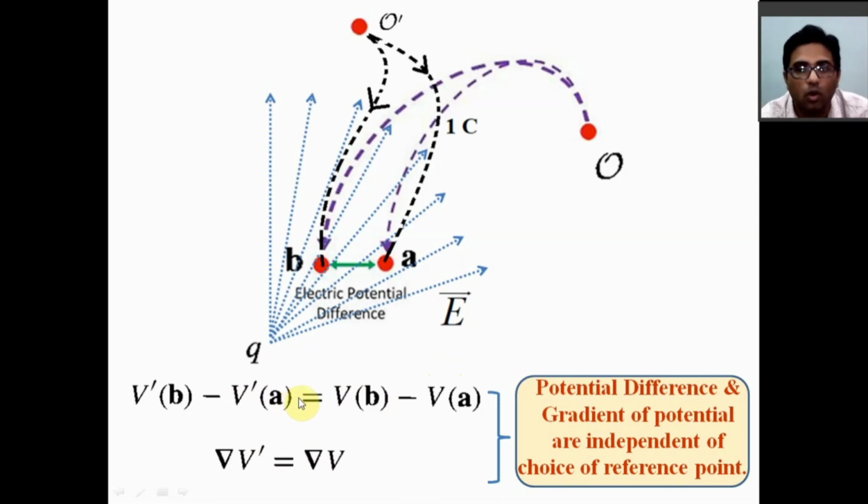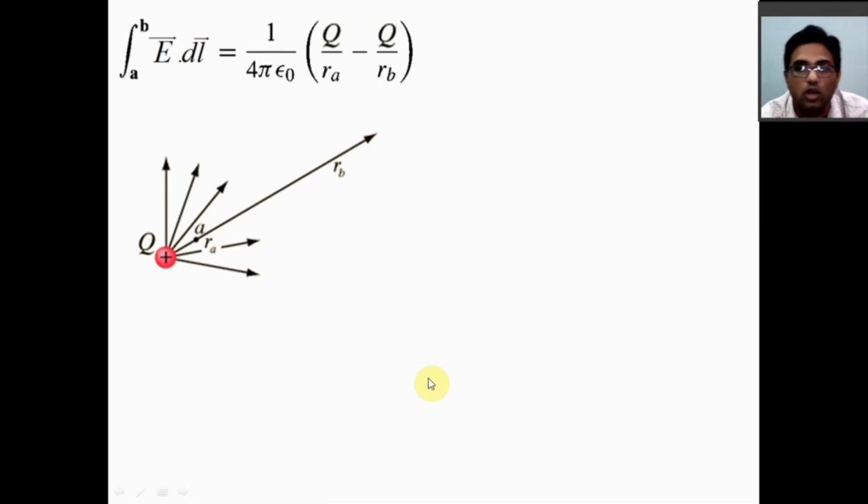That is why all such potentials differing only in their choice of reference point correspond to the same electric field, because the gradient of potential is the measure of electric field. Now let's discuss some examples on the choice of reference point.